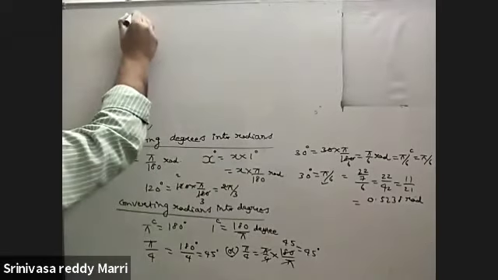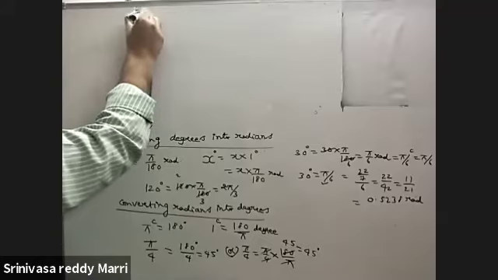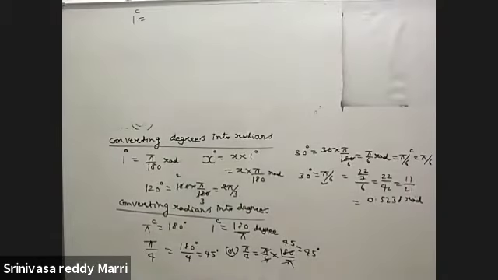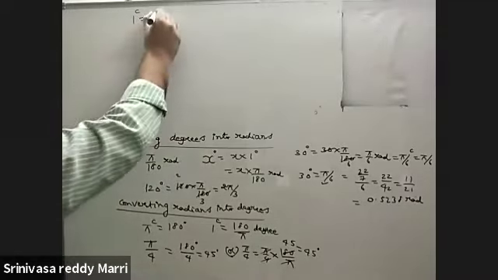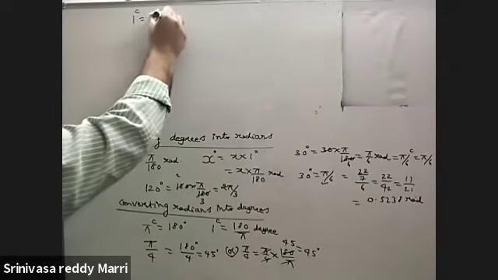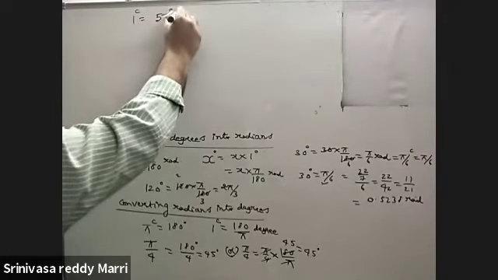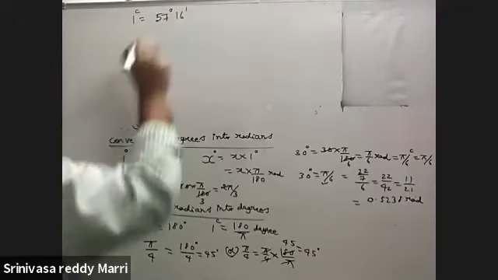Look at 1 radian. One radian is equal to 57 degree 16 minutes.